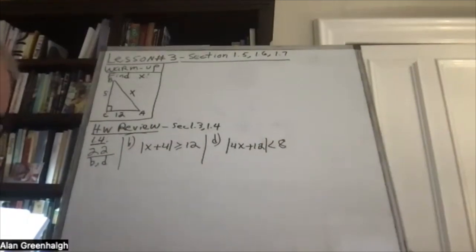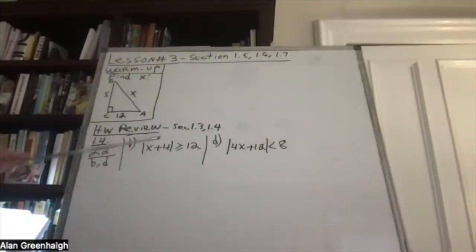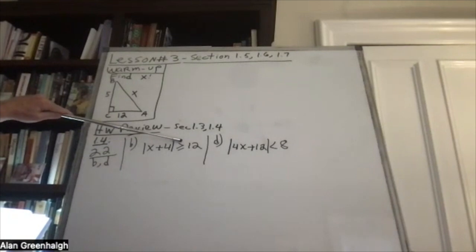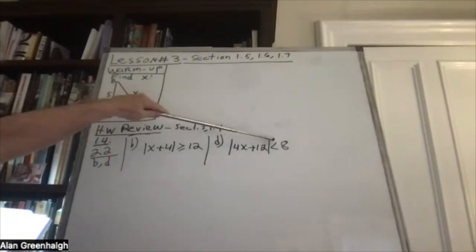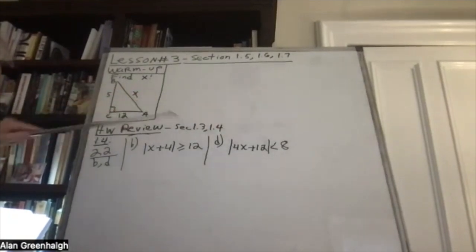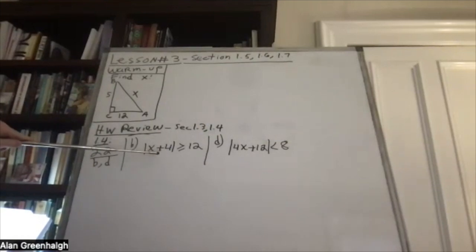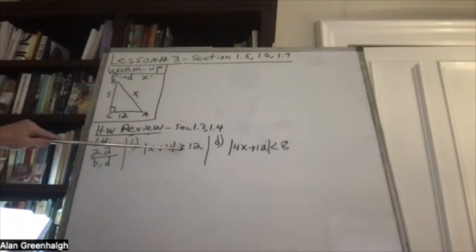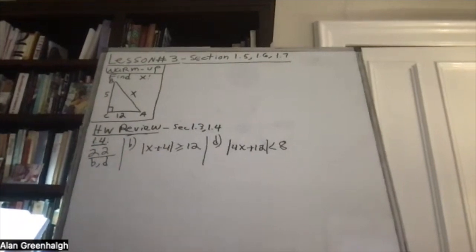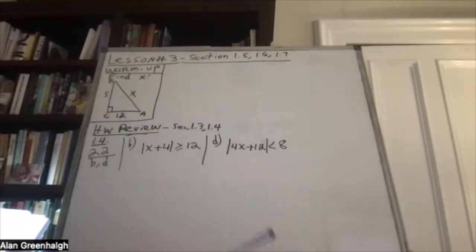And you'll notice that one of the problems is a greater than, and one of the problems is a less than. First of all, let's identify section 1.4 as solving absolute value inequalities. So we're combining absolute values with inequalities, and we're trying to solve that type of problem.